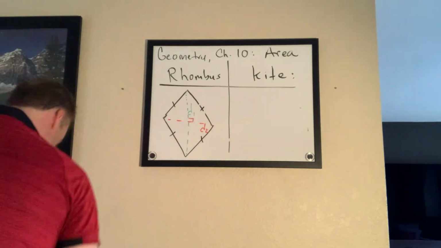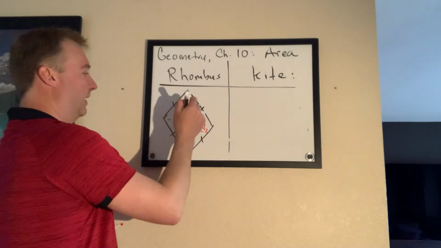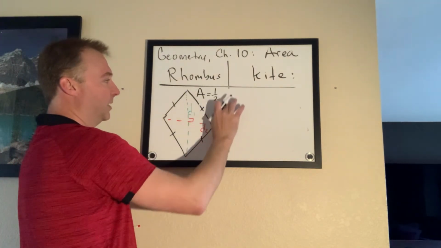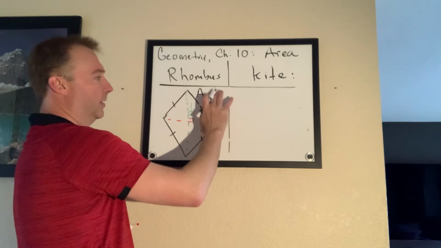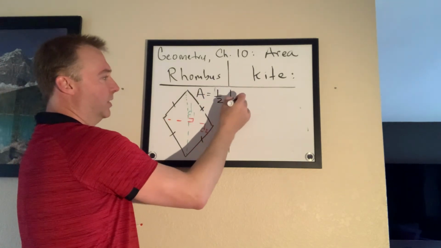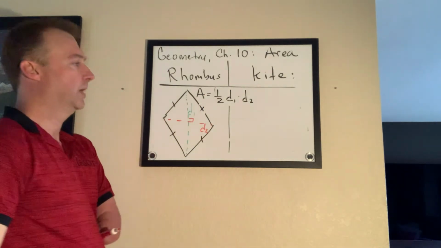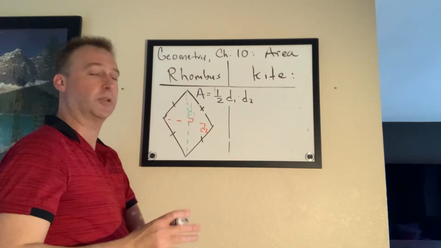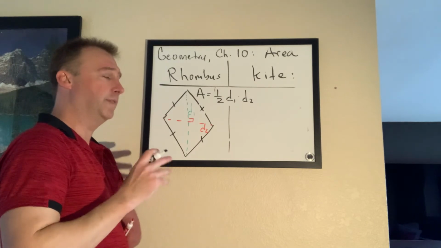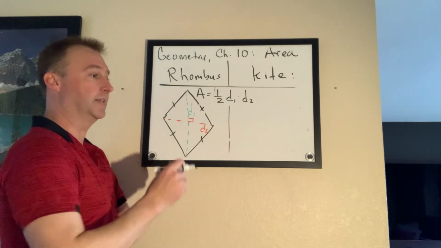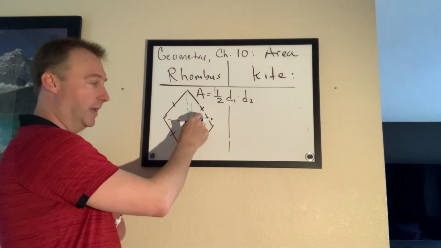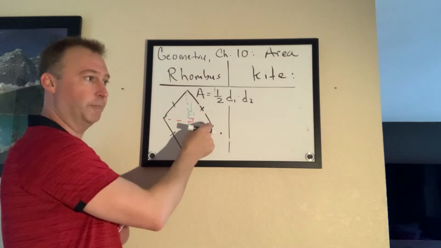And the formula is area equals 1/2. Sorry, I'm kind of running out of space here. Let's do it better. 1/2 D1 times D2. Half the product of the two diagonals. I don't want to belabor the explanation of that, but if you use a little bit of intuition and common sense, you can see that it comes from the fact that you have 4 triangles here, and each one is a half base times height.